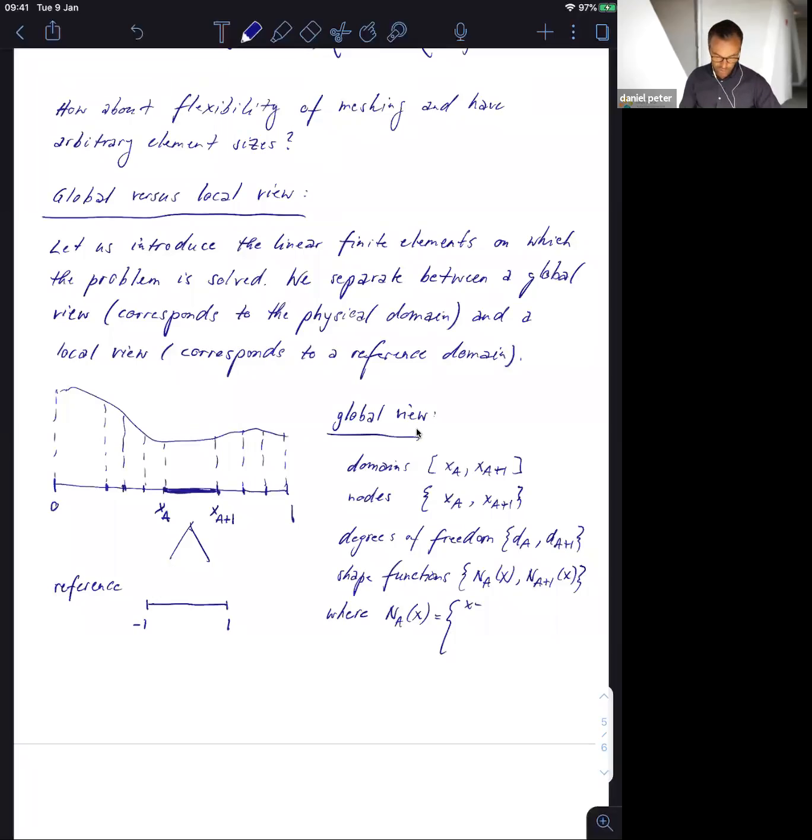So it's going to be X minus XA minus 1 over the element size, where H is the element size of element A minus 1, to XA plus 1 minus X over the element size of element H. So here this goes from XA minus 1 to XA, and this goes from XA to XA plus 1, and 0 elsewhere.